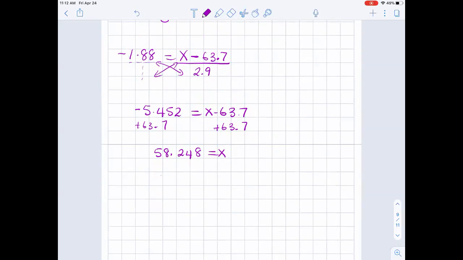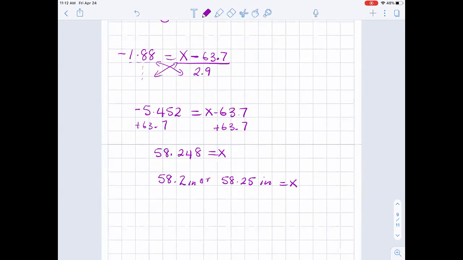So this is approximately 58.2 if you want 1 decimal place, or you can say 58.25 if you want. Inches, right? So the shortest you can possibly be is about 58.2 inches.